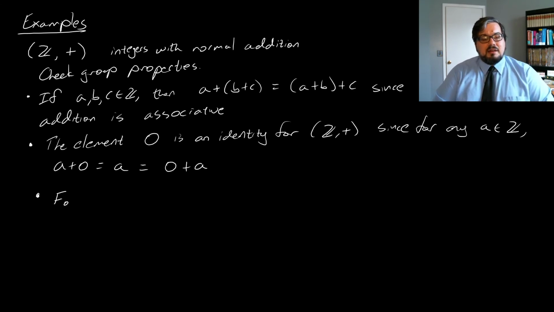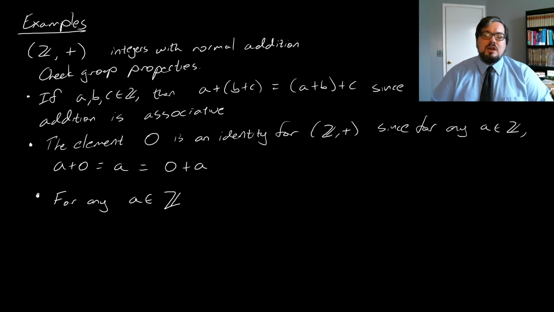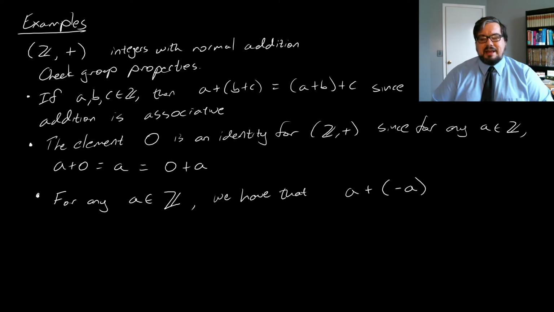And then for any element a in Z, we need to know that there's something that we can add to a that gets us back to the identity. For any a in Z, we have that a plus negative a, so negative a being the negative in the normal sense of the integers, the opposite of a.